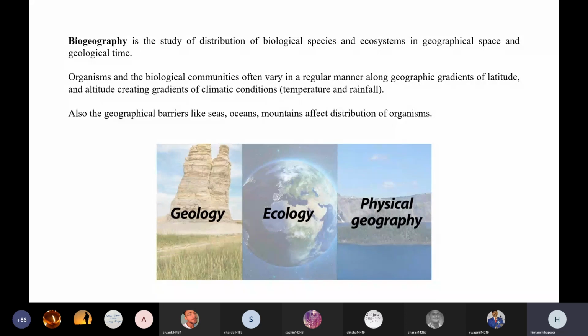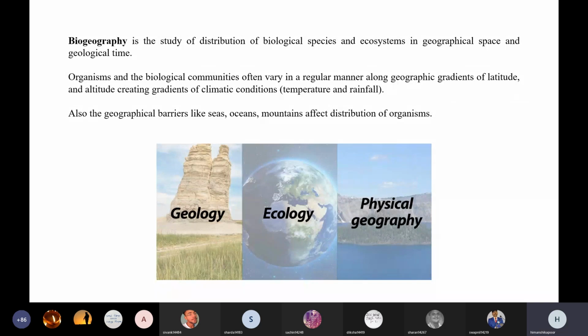biogeography. So we are studying the distribution of biological species upon the geographical features. It is concerned not only with habitat patterns, but also with the factors which are responsible for variations in distribution. It is not the case that an individual will be found only in one habitat; it also takes into account the factors responsible for this variation.